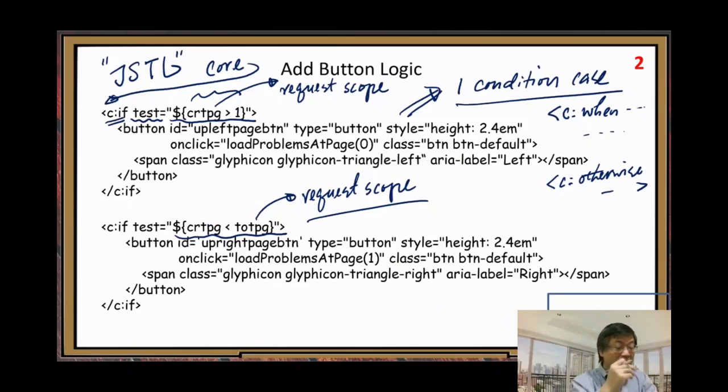Here, with similar logic, we can do the next button. So that's all we need. All right? But later, when I put this into the pages, suppose this is the question list page, the main body part.